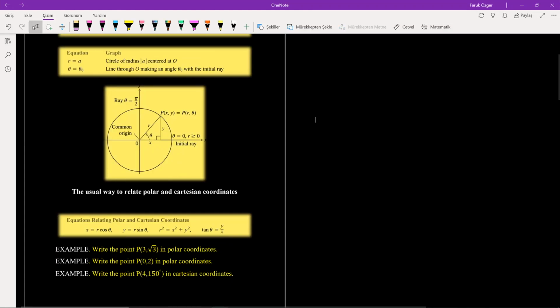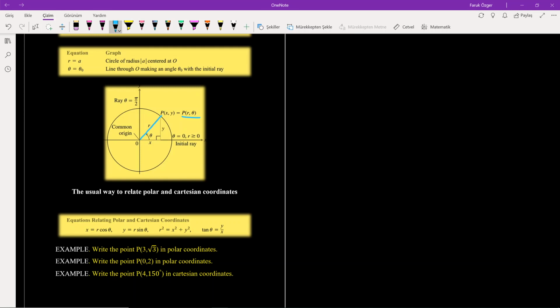In polar coordinates, we write the coordinates of a point in the (r, theta) form. Here r is the distance directly between the point and the origin. Okay?